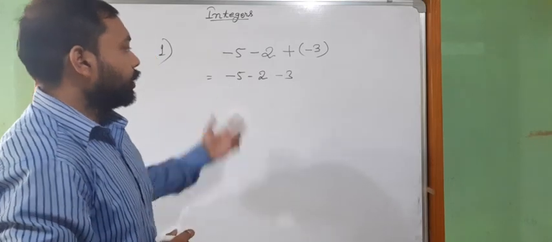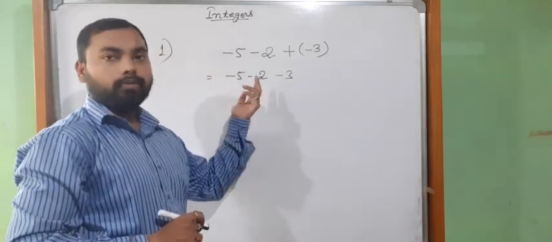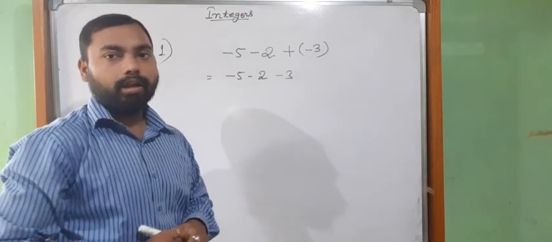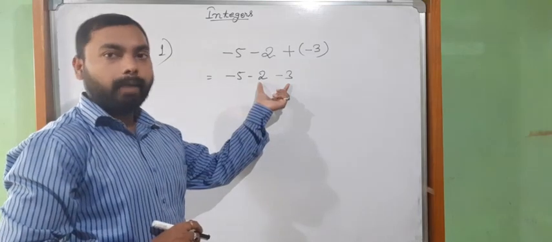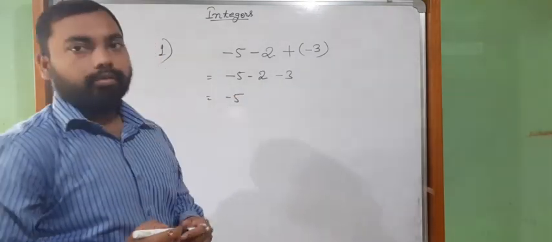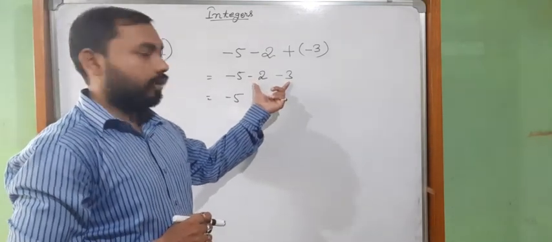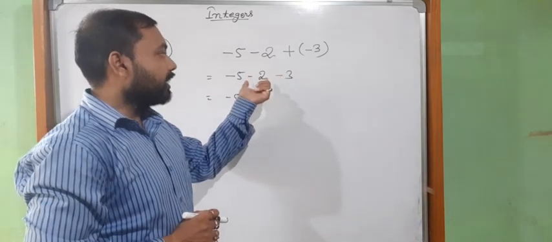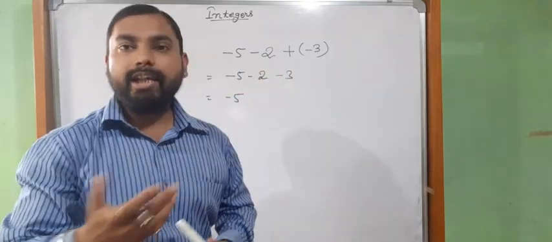Now you can start from the front or you can start from backward, any one. Let me start from backward. Let me consider these two numbers, -2 and -3. -5 I have already written. Now -2 and -3, you see the sign: minus and minus means plus.